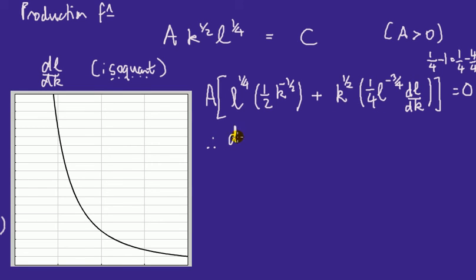So just to rearrange the whole thing, first I'm going to divide both sides. A is a positive number, so I can divide both sides by A. That gets rid of that. And then I'll take this whole lump over to the other side, which I've done. Now I'm going to take these over to the other side, so I times both sides by 4. In other words, take that up. L to the power of minus something is just the same as 1 over that something.